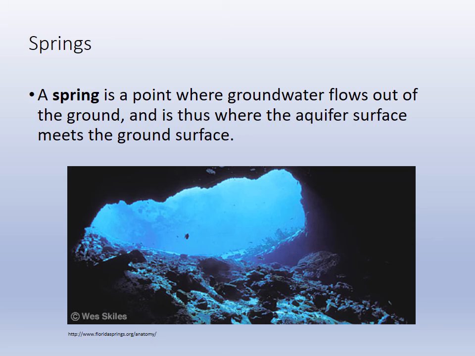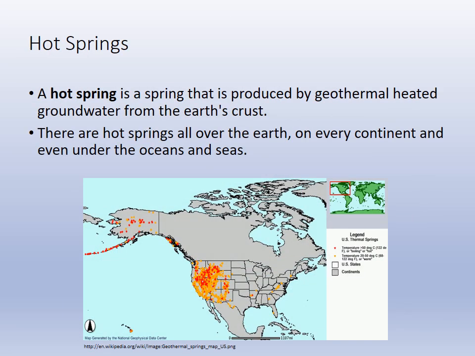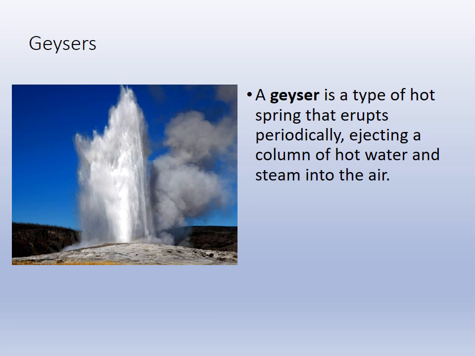Generally it's in limestone because the limestone is dissolved, especially here in Florida. Hot springs are where we have hot water flowing out because there's some sort of tectonic activity. Geysers are eruptions of water due to tectonic and volcanic activity.